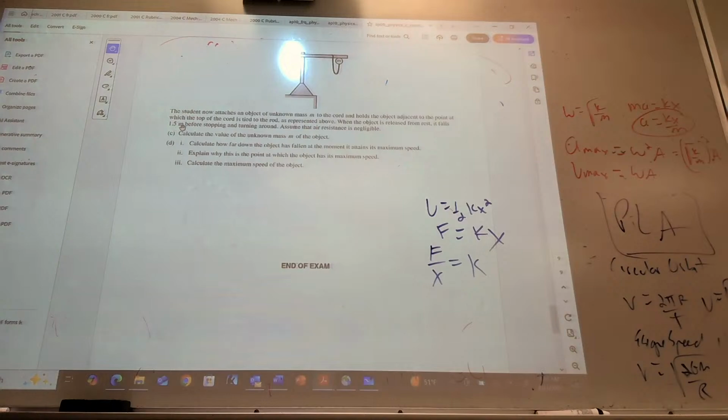Falls 1.5 meters before stopping and turning around. Since we have that information, and the bottom point is a simpler point.